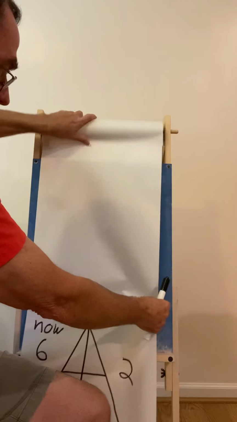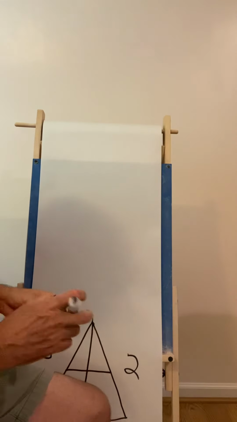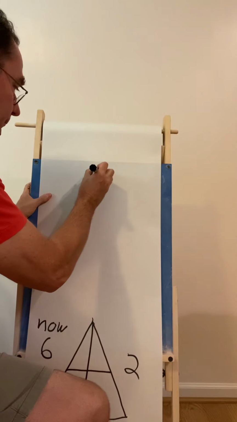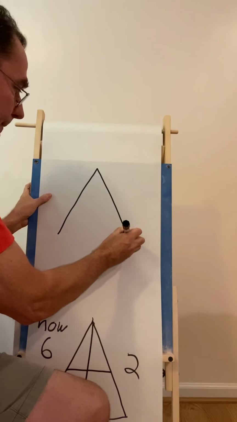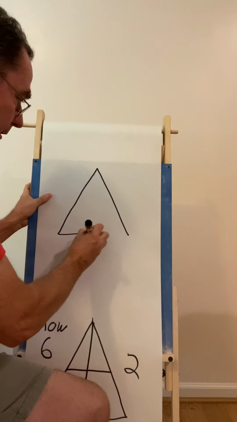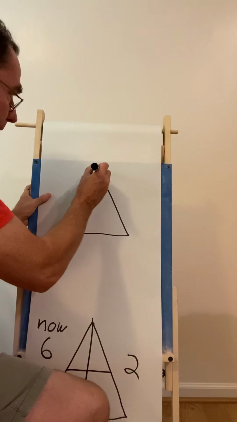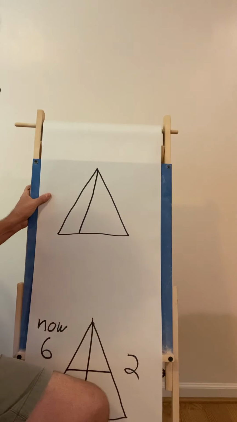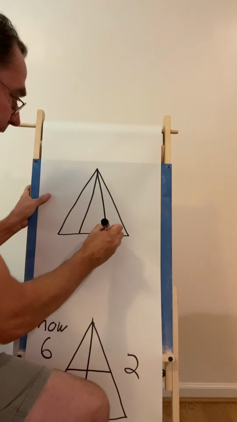Now, this next diagram I'm going to draw for you seems simple, but many people do have trouble with this one. So there is one triangle. I'm going to draw that off to the side, and I'm going to draw another line segment like that.